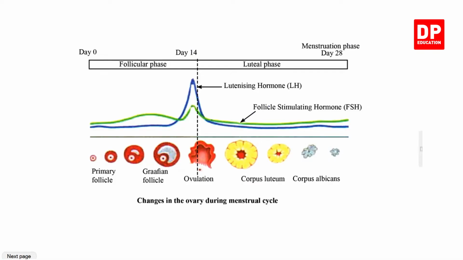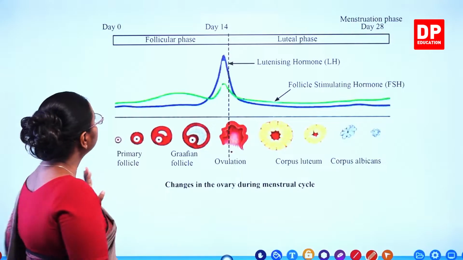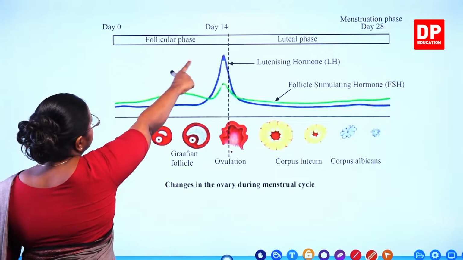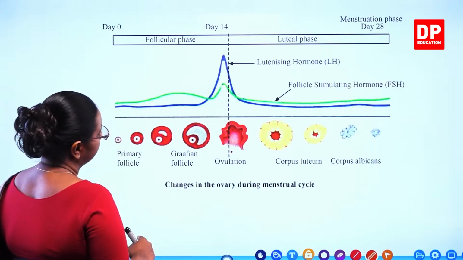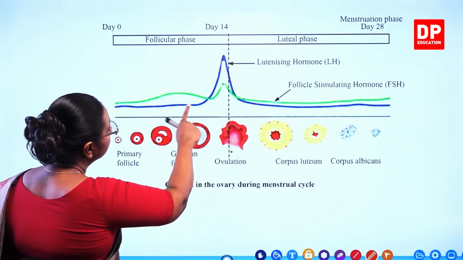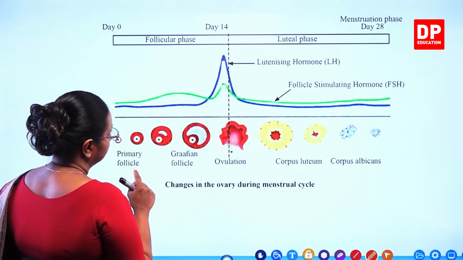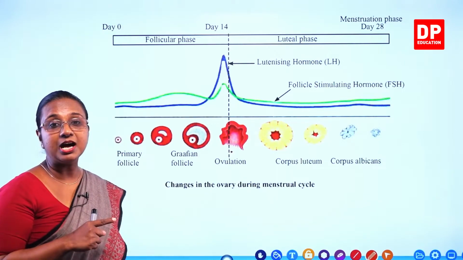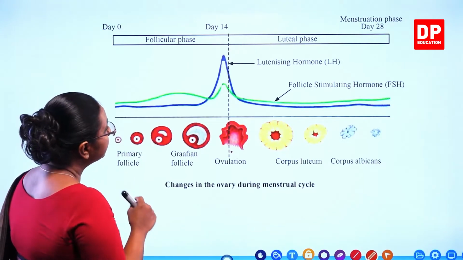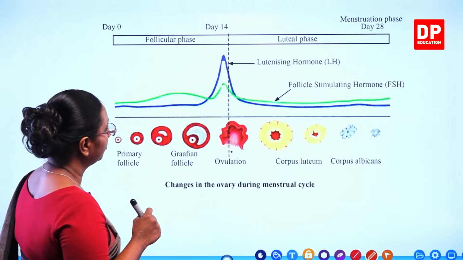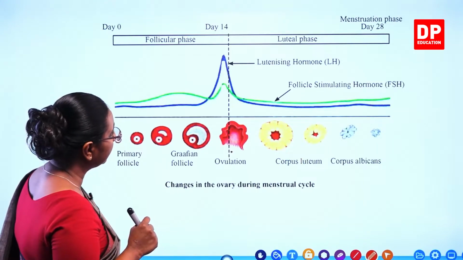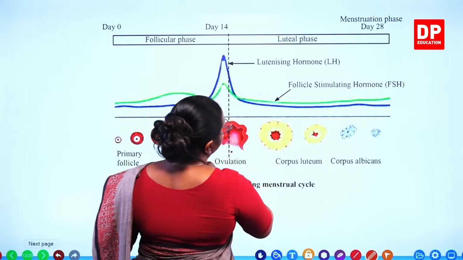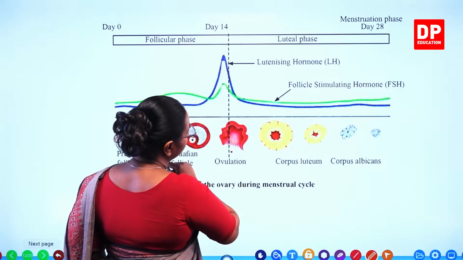If you look at this diagram, students, day 0 to day 14 is labeled as the follicular phase. And then we have the luteal phase. Initially, the hormones are shown to you: luteinizing hormone and follicle stimulating hormone.